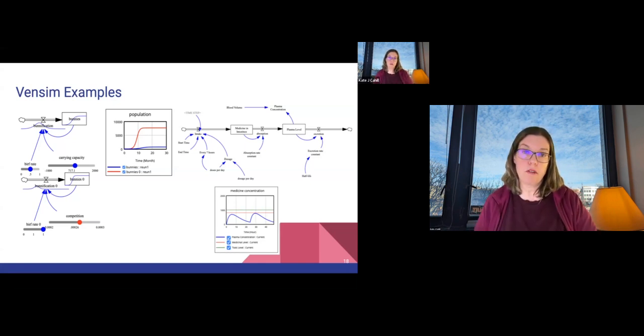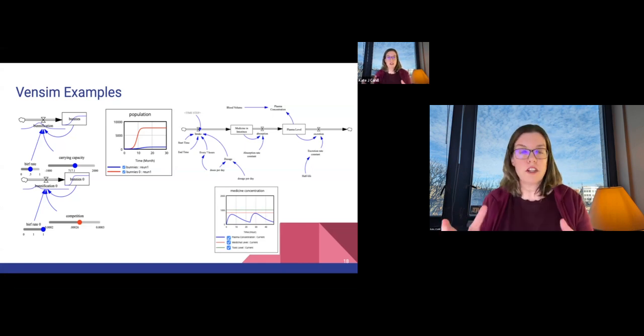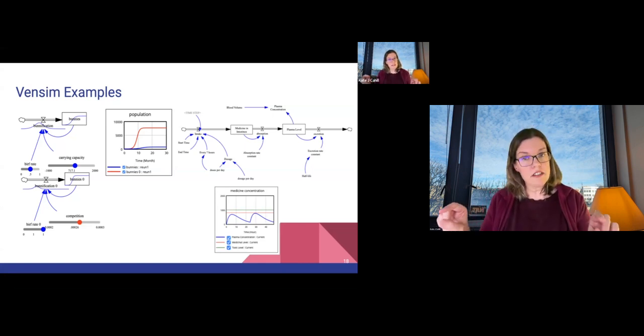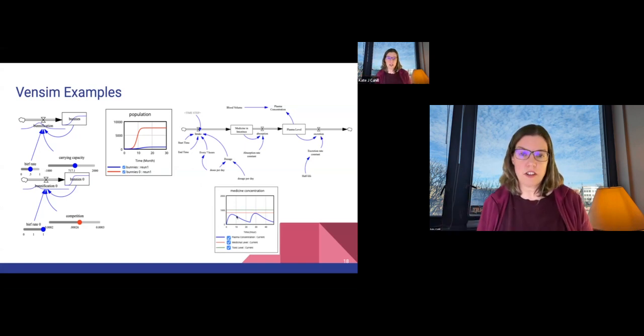And then on the right, we have a more complex model. This is looking at drug dosing. So it's looking at the effect of the concentration of a medicine in a body with a certain amount of blood volume, and you're looking for an effective concentration. So you want to see the concentration of the medicine between the medicinal and the toxic levels.